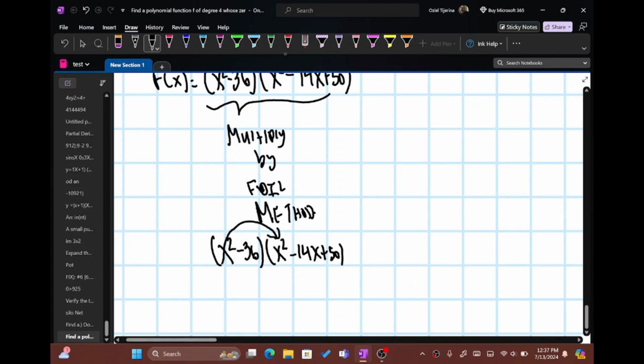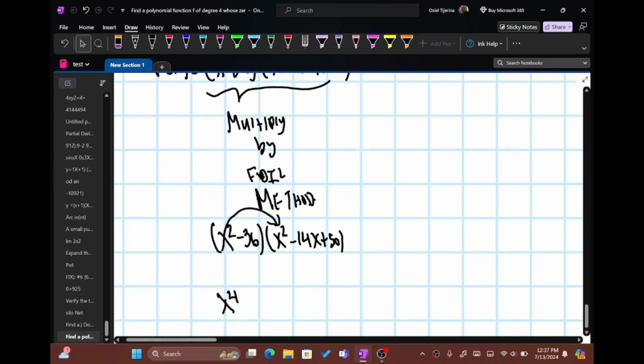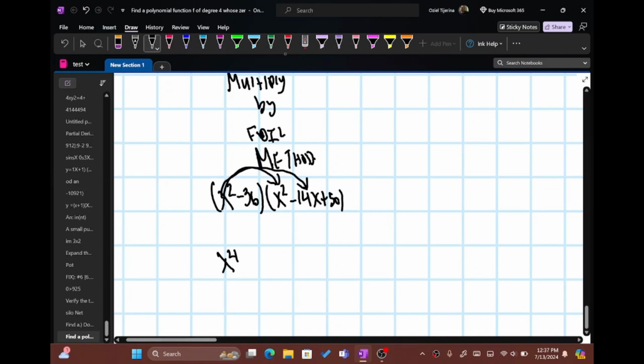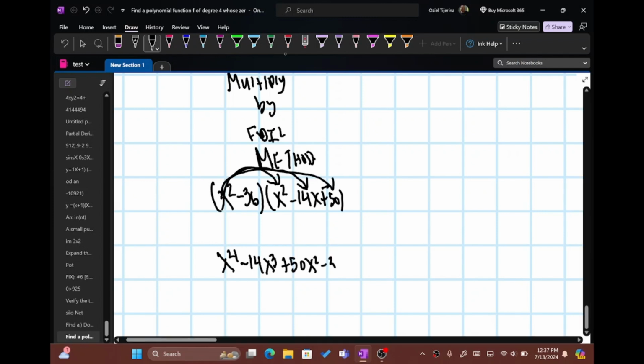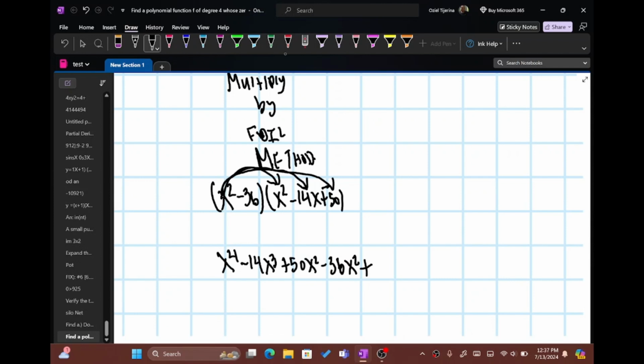So we have x to the 4th power minus 14x cubed plus 50x squared minus 36x squared, and then I think it was plus 504x.